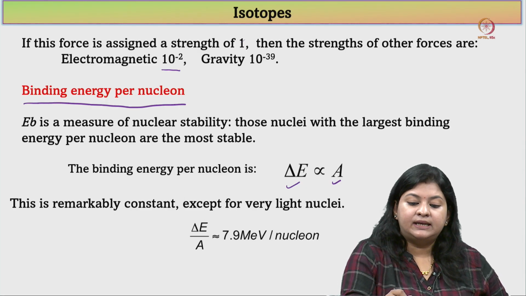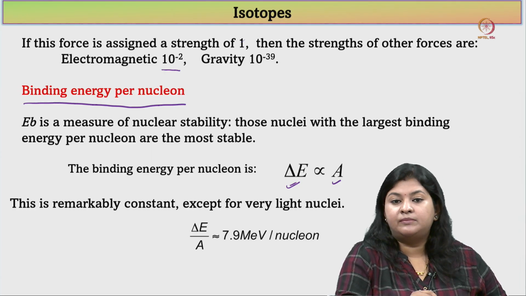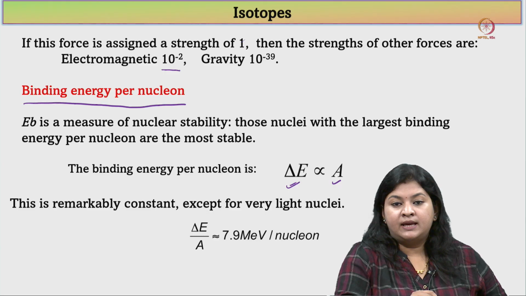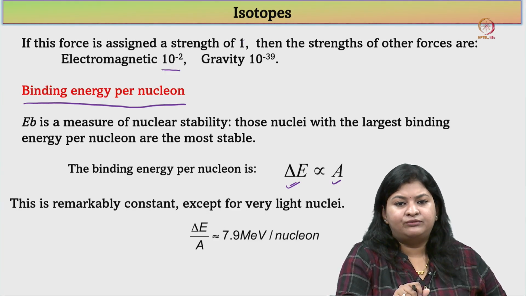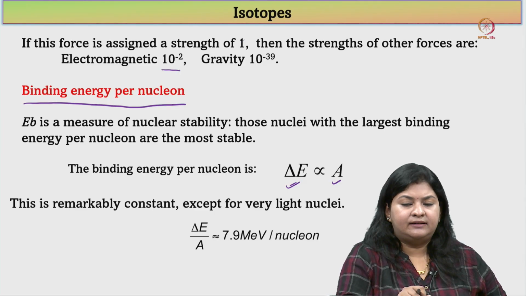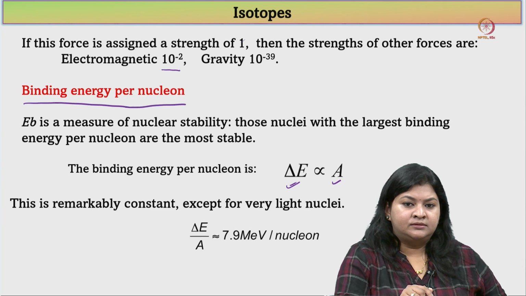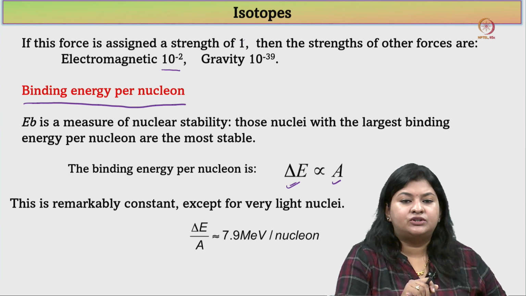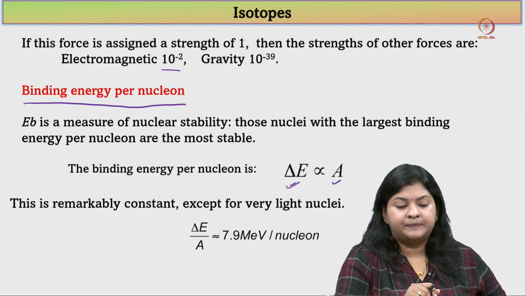Often the binding energy is directly proportional to the number of nucleons, and it is very constant except for certain very light nuclei. For example, helium-4 was one such exception.